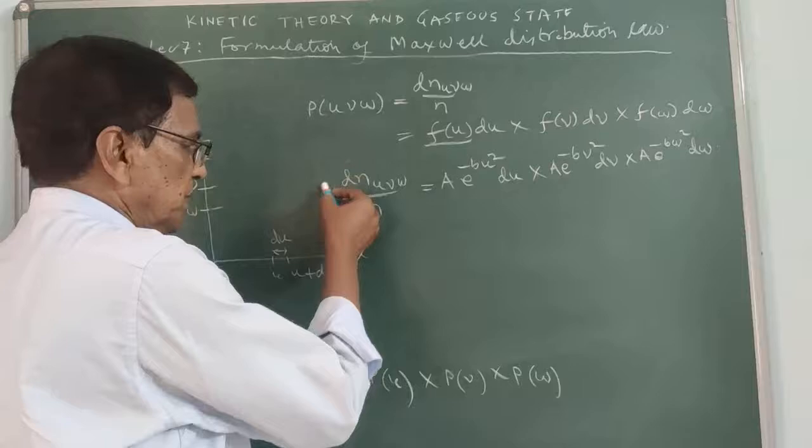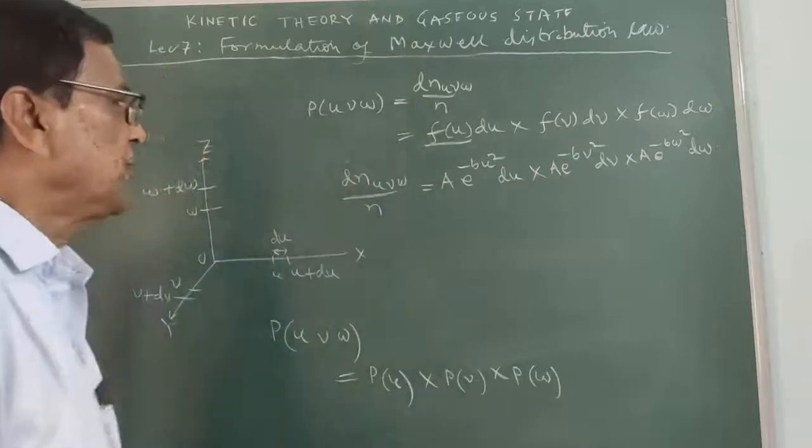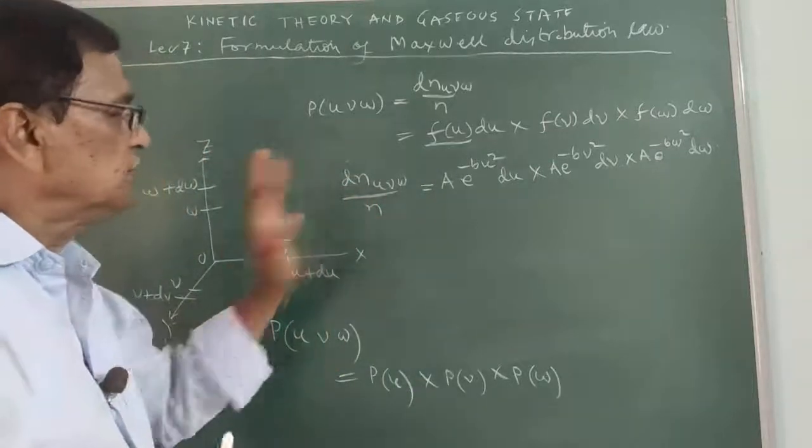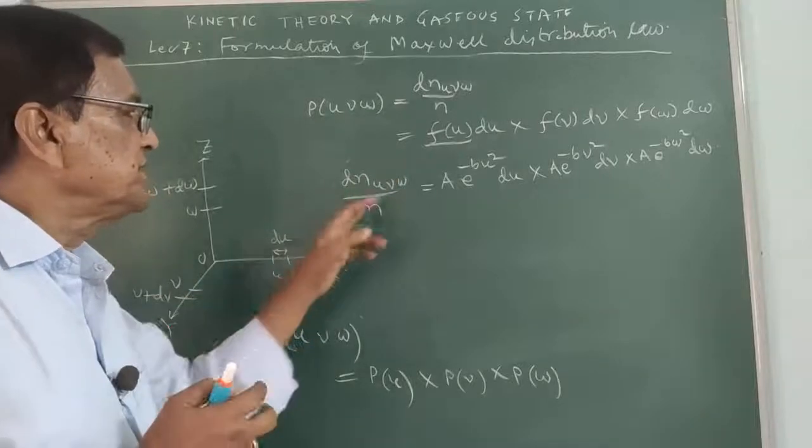This is the probability of a molecule to have the velocity u, v, w within the range du, dv, dw.